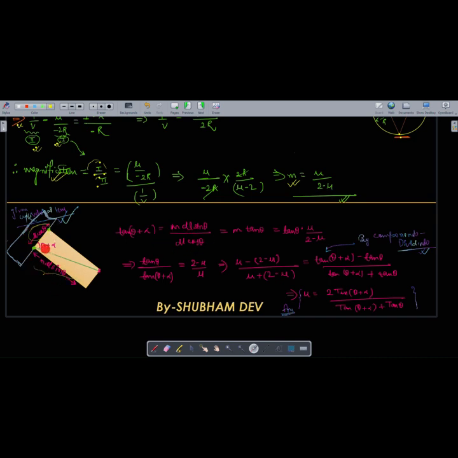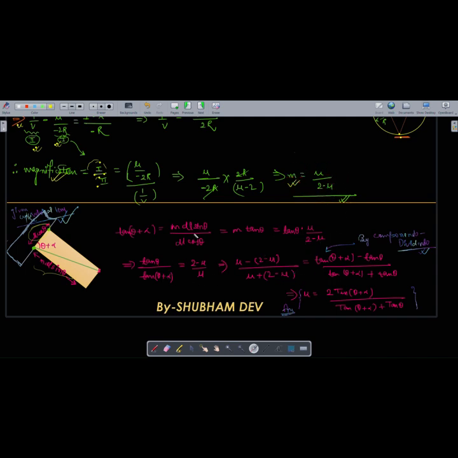These are vectors, so m times dl sin theta is the perpendicular and dl cos theta is the base, so perpendicular by base. So m times dl sin theta by dl cos theta will be m times tan theta, and we had calculated the value of m here, m equals mu by 2 minus mu.